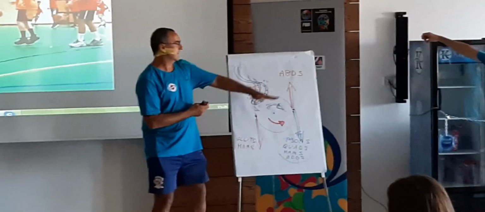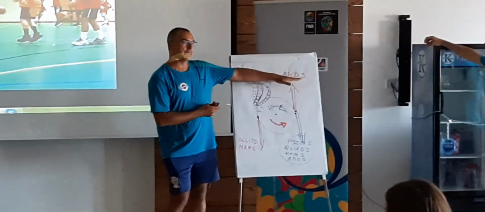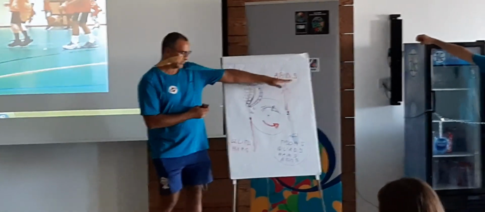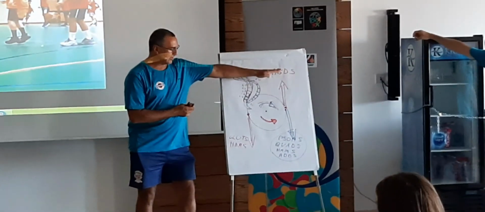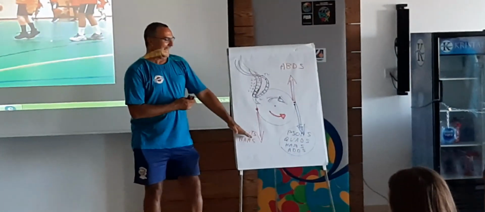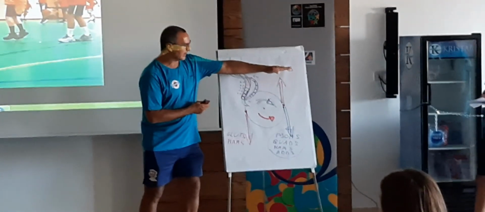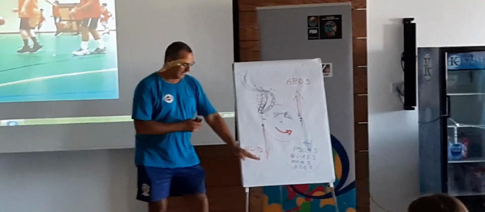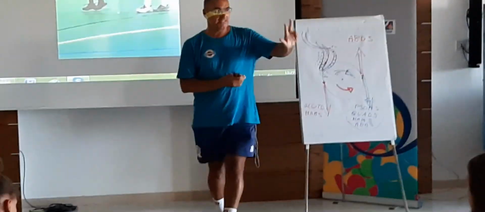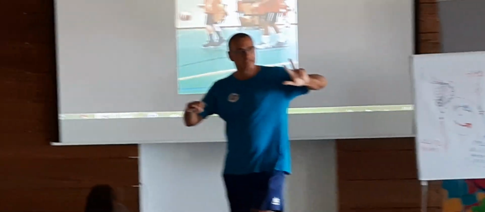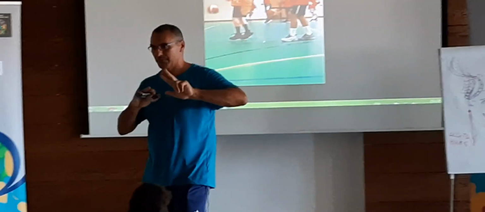On the court, you can improve abdominals. How on the court you can improve abdomen and gluteus, and how on the court you can use abdominals and hamstrings. These are the 3 basic muscular chains of the physical sessions, not only basketball.